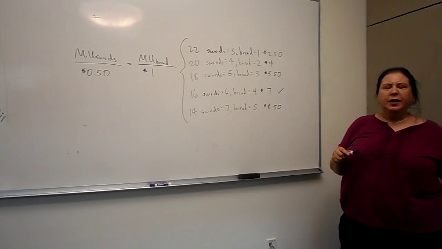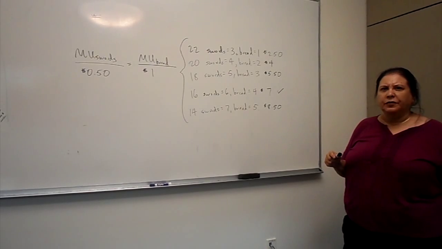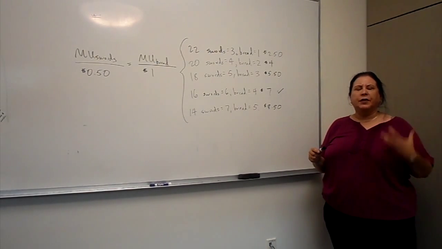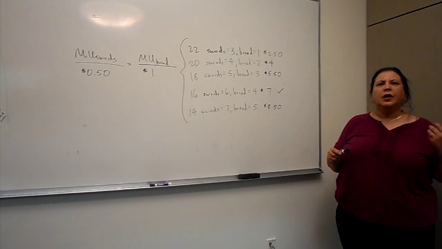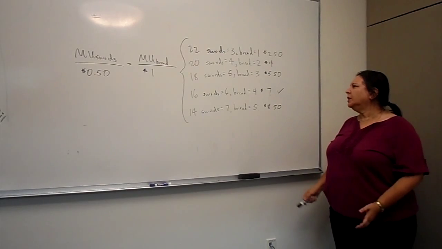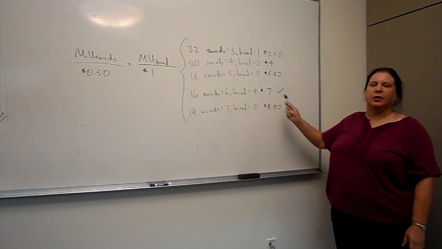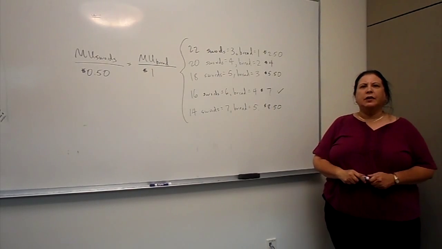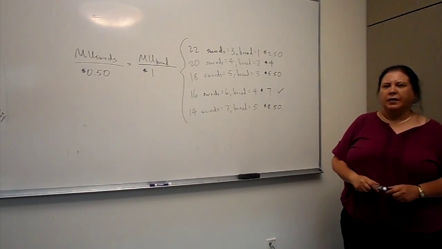And if you look at all the other combinations of the goods that cost $7 with a price of 50 cents and a price of 1, you're going to find that the one that gives you the maximum utility is this one. Okay? And the amount of utility you're going to get is 137.5.